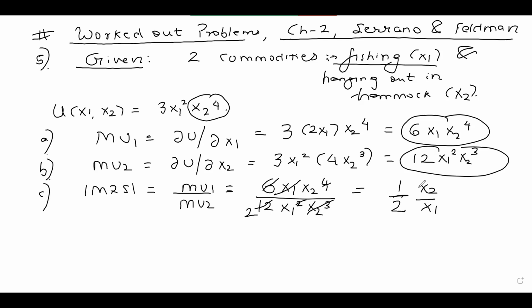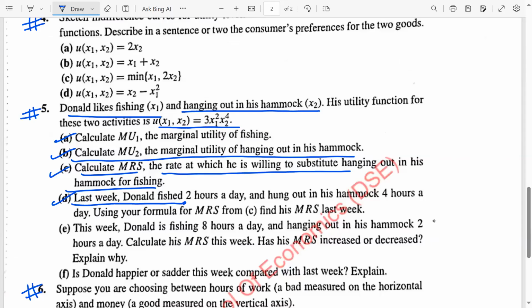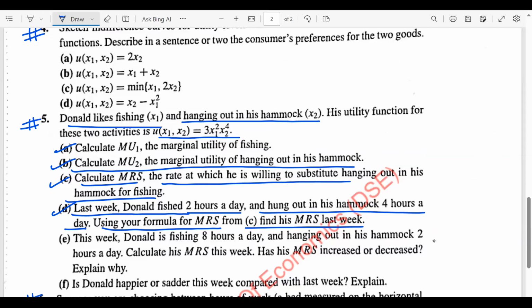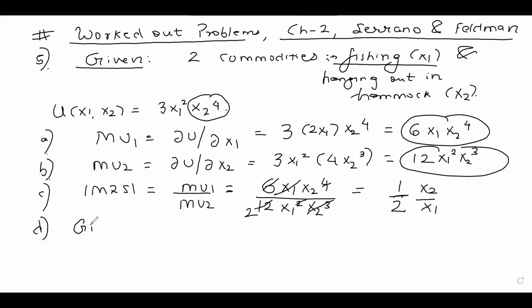Then let's look at the next part. Last week, Donald fished 2 hours a day and hung out in his hammock 4 hours a day. Using your formula for MRS from part C, find the MRS last week. We just put in the values of x1 and x2. So in part D, Donald fished 2 hours a day, that means x1 is equal to 2, and hung out on his hammock 4 hours a day, that means x2 is equal to 4.